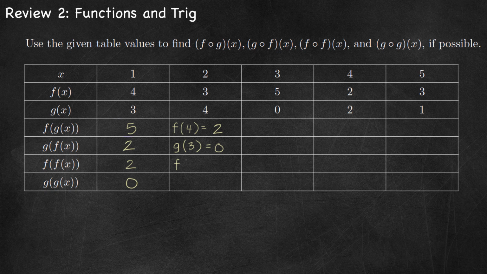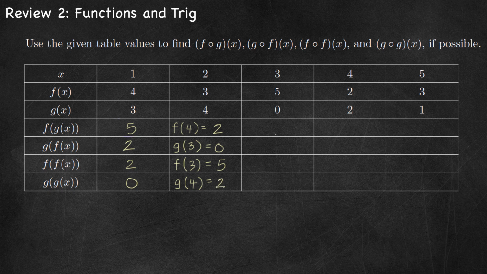Next we have f of f of 2. F of 2 is 3, and f of 3 is 5. And in the last row we have g of g of 2. G of 2 is 4, and g of 4 is 2.